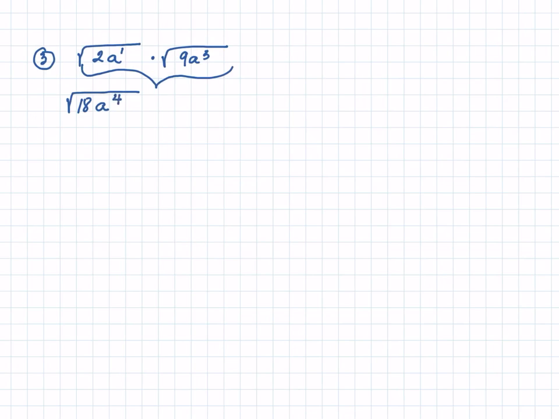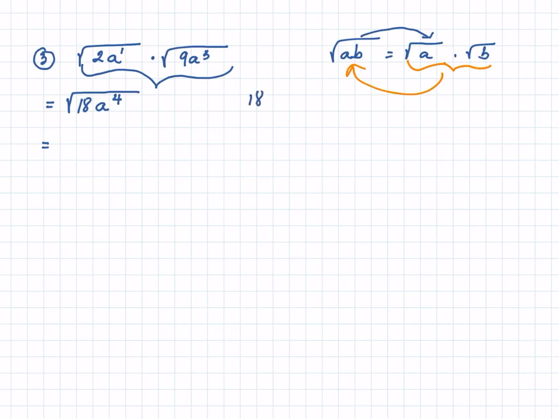Remember earlier we said that when we have the a and the b, you can split it up as a times the b. You can do it that way. Now we can also do it backward when it's multiplied. So you can take this, you multiply it back. Same thing. So I should have the 18 is not a perfect square, but inside the 18, I have the 9 and the 2.